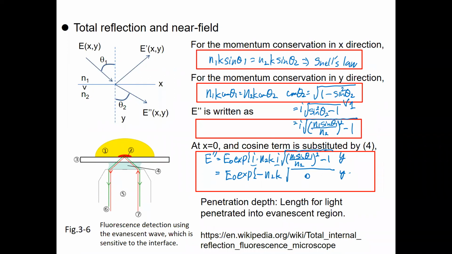It's a decaying exponential when we think about the E field in the y direction, right? Because we are thinking about the case of total reflection, the electric field itself is not propagating into the minus y direction, but there's an exponentially decaying y component here. So this equation means that E prime in the negative y direction is the decaying part.